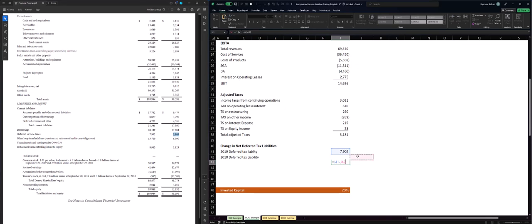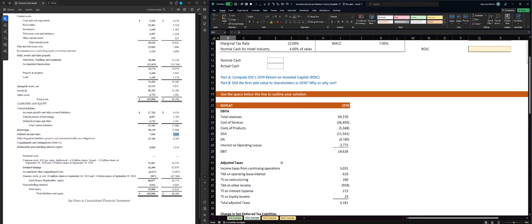This minus this. Boom. Change in that deferred tax liability, right? So now we have the three parts. All we need to do is sum it all. So NOPLAT is equal to this EBITDA minus adjusted taxes plus change in deferred tax liability. And we have 16 billion.